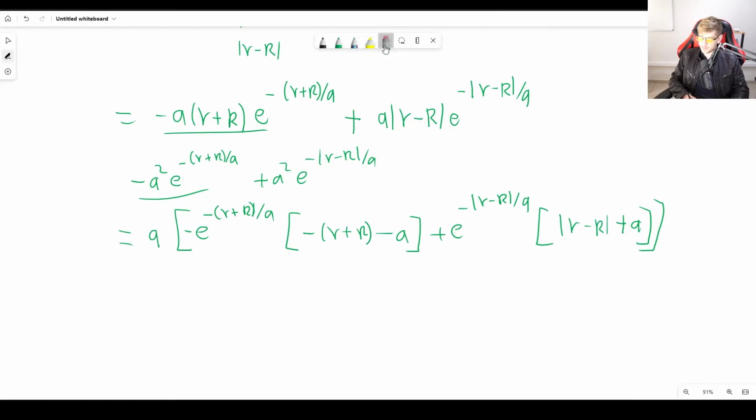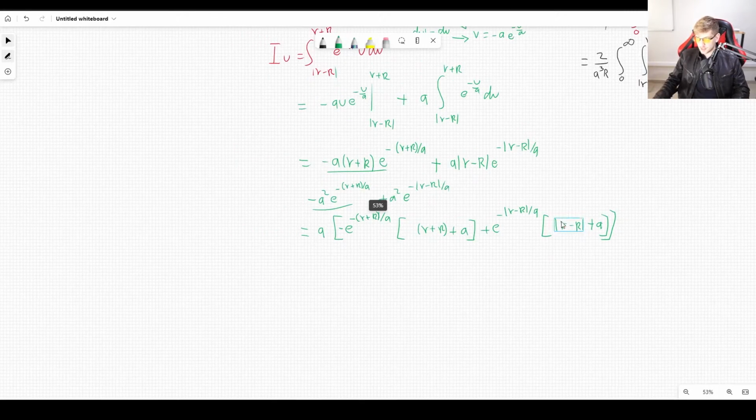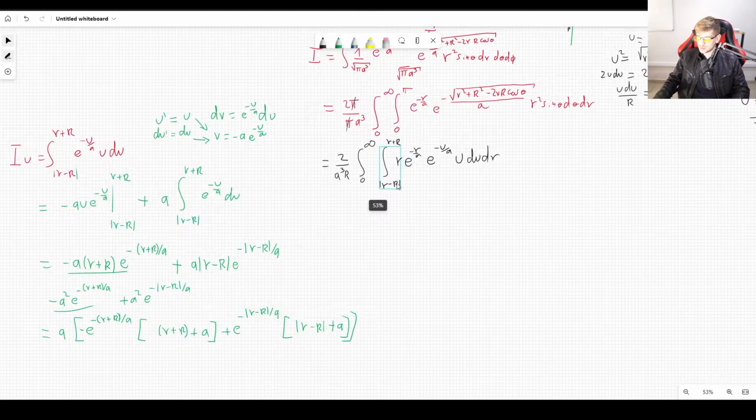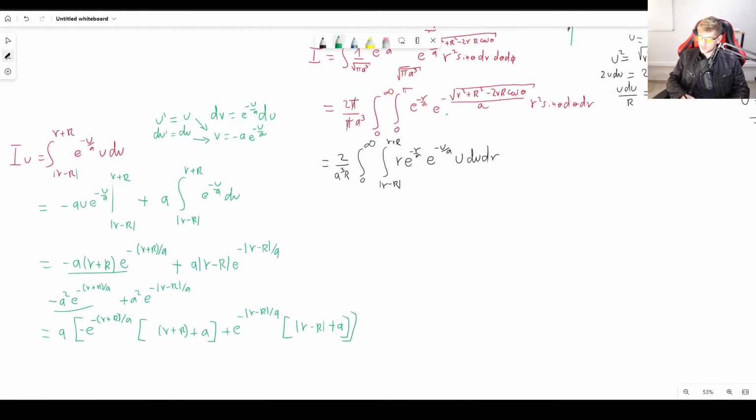Okay, and this is the result. So this is what we now will plug into what we had before. So instead of having this thing, now this r e to the minus r over a, they still remain. So I will rewrite them here.